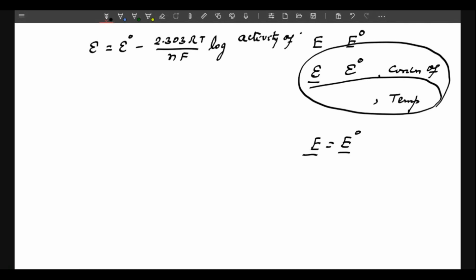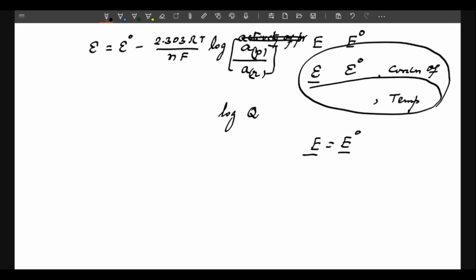In the cell reaction, there are products, right? Simply, I will tell: the activity of the products P by the activity of the reactants R, activity of the products by activity of the reactants. This we call log Q. What is Q?